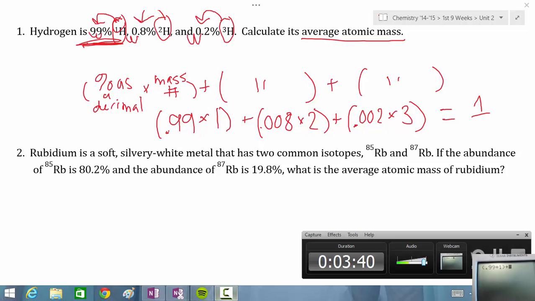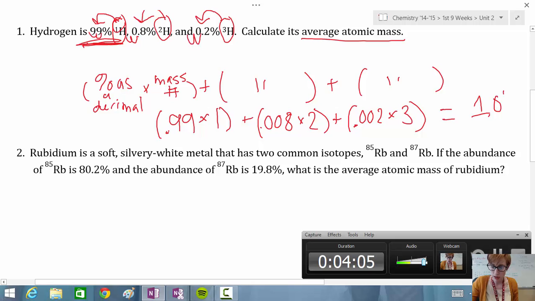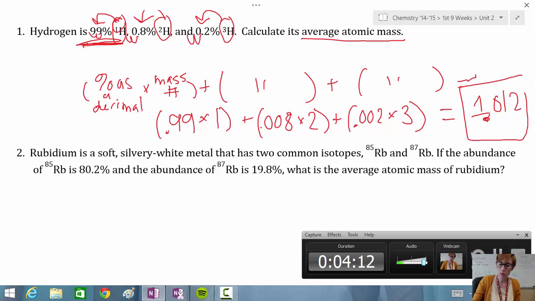Then I add 0.008 times 2, close my parentheses, add 0.002 times 3, close my parentheses, and that's my answer, 1.012. And 1.012 is very close to what I estimated. Remember, I estimated it to be 1. On these, you do not want to round, so you want to write down the exact number. 1.012 AMUs is my answer.